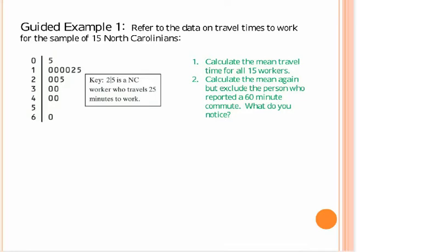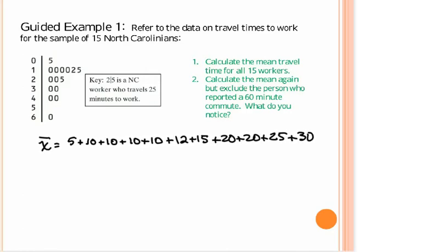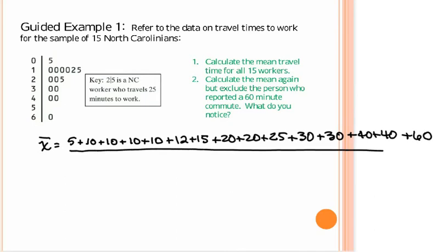We're going to add them all up. Wow, that's a lot of adding, but basically x bar is equal to 5 plus 10 plus 10 plus 10 plus 10 plus 12 plus 15 plus 20 plus 20 plus 25 plus 30 plus 30 plus 40 plus 40, and this time plus 60, all over the total number that we have, in this case 15.